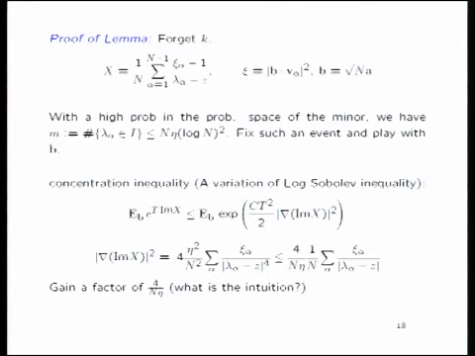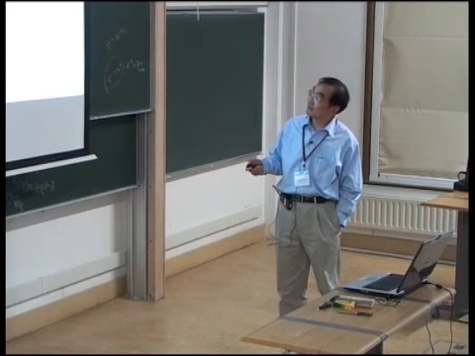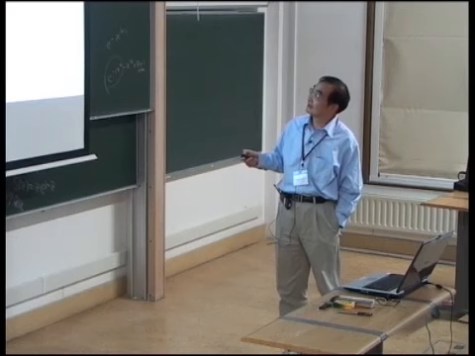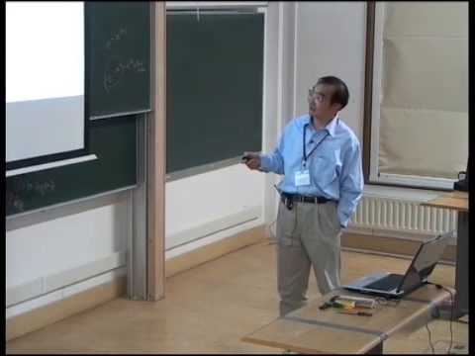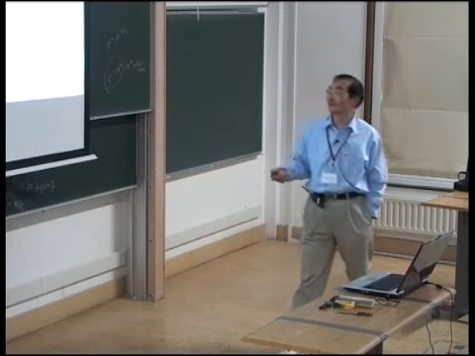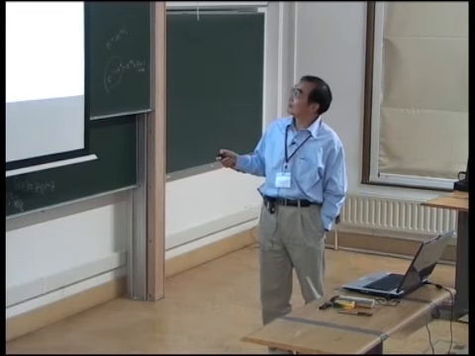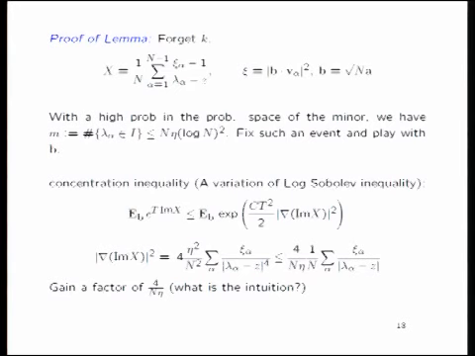This is a variation of the log-Sobolev inequality. The log-Sobolev inequality on the left-hand side is f log f, and the right-hand side is the gradient of f squared. But now if you take the exponential, you get some sort of exponential log-Sobolev. And the important thing is this imaginary part of x: if you calculate this part squared, there's an exact computation. This part is an exact calculation.